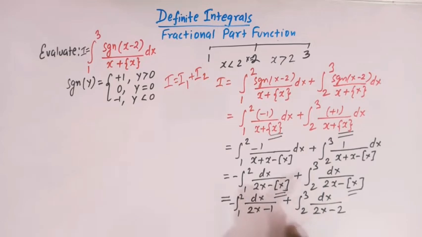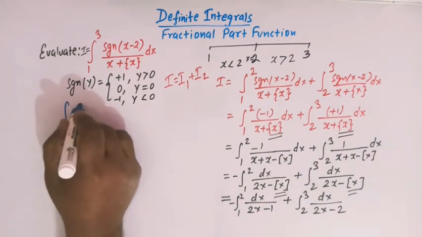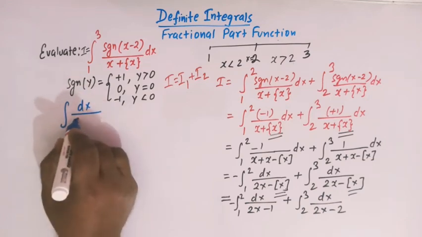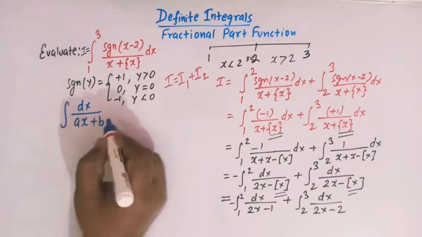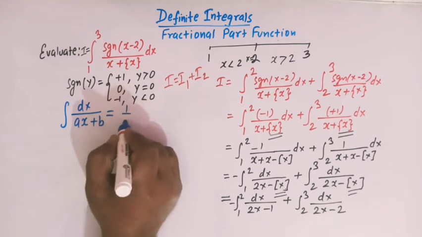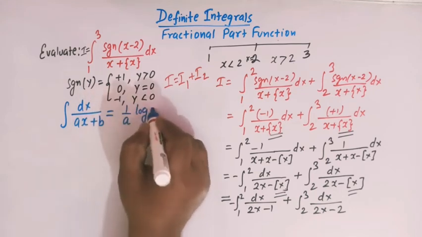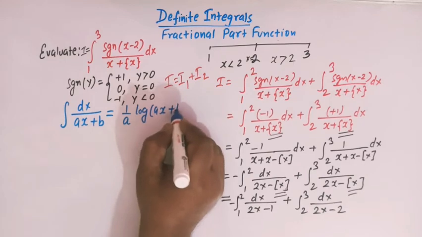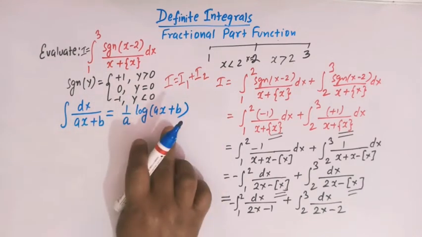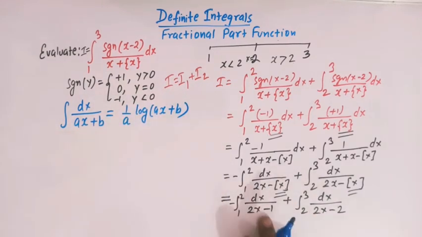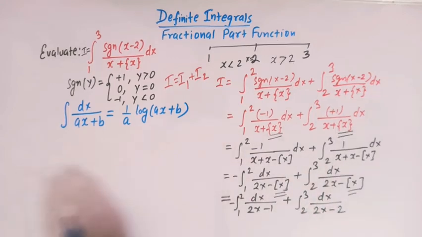So now viewers, we have two very simple integrals here, and we'll make use of the result that the integral of dx over ax plus b is equal to 1 over a log of ax plus b. This result would be used to find the integral of 1 over 2x minus 1 and 1 over 2x minus 2, right?